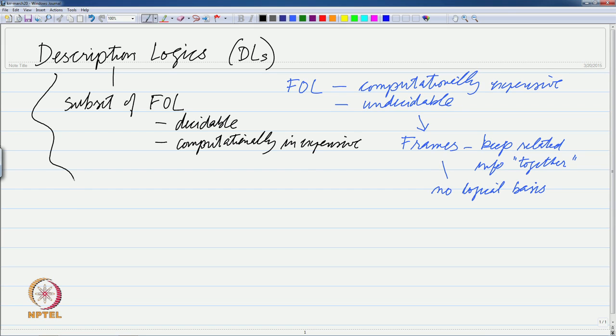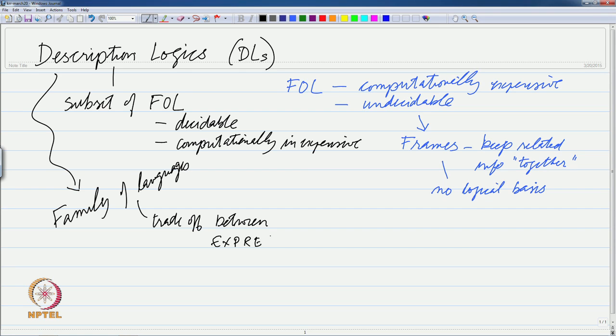As I said, description logics are basically a family of languages, and like any family of languages, there is a trade off between what you can express and complexity.